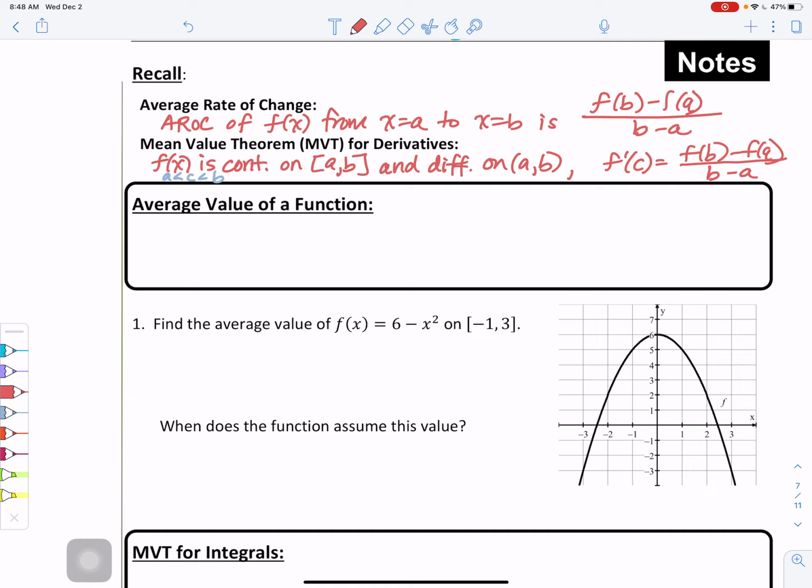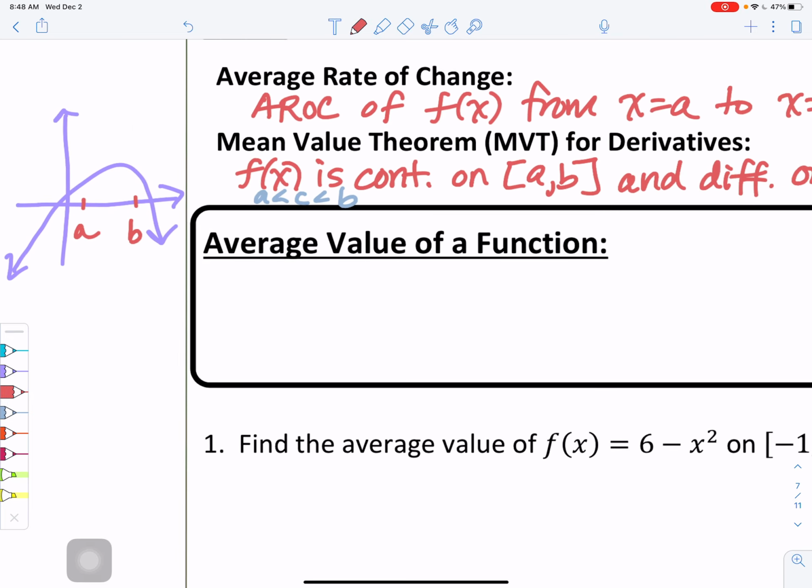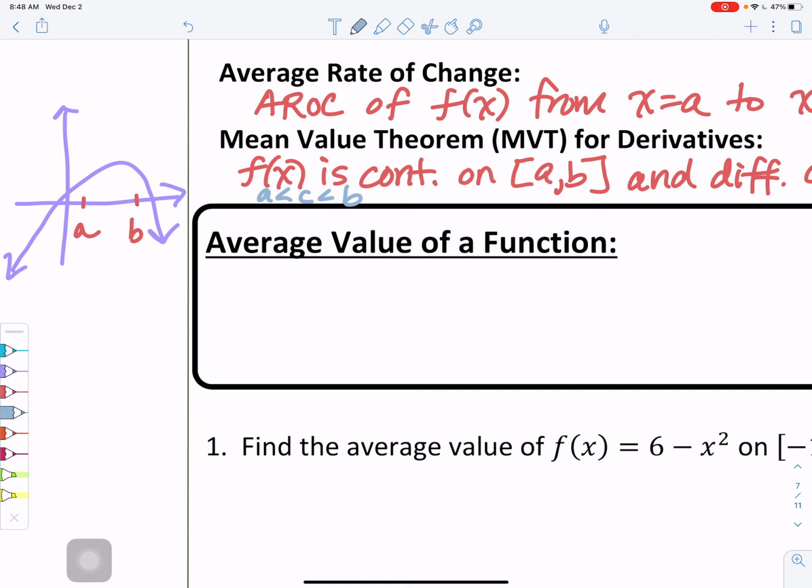So the derivative at that value c is equal to the slope of the line connecting those points. Let me draw a typical graph. If you have a point a and a point b, there's f of a and f of b, and I connect those points.